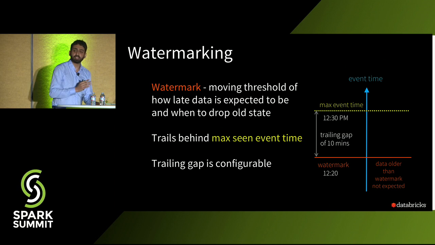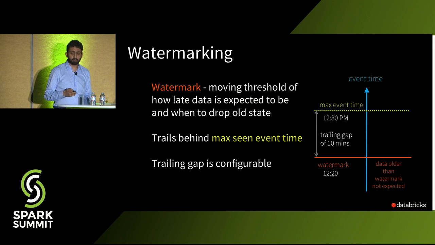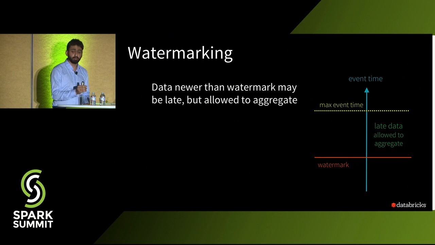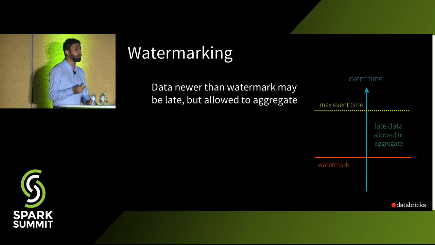And as the system receives new data, this threshold keeps moving forward, but always trails behind the max event time seen by the system. So that means that data can be late because it may be older than the max event time, but as long as it is still newer than the watermark, it will be considered in your aggregates or in any kind of processing.